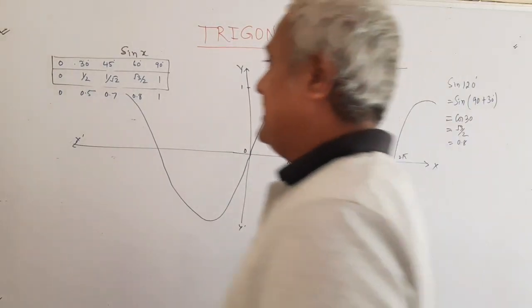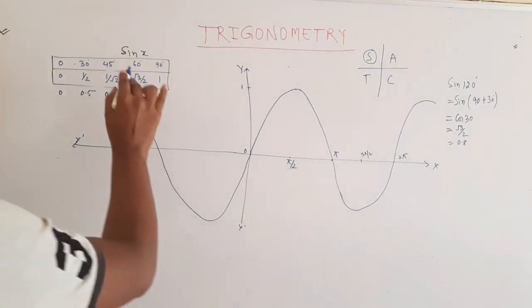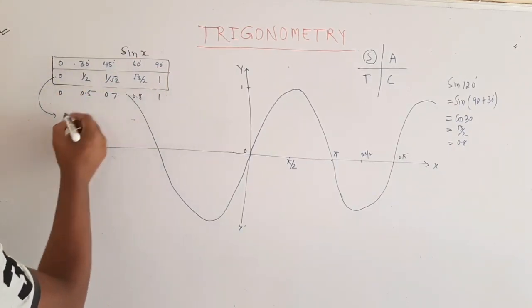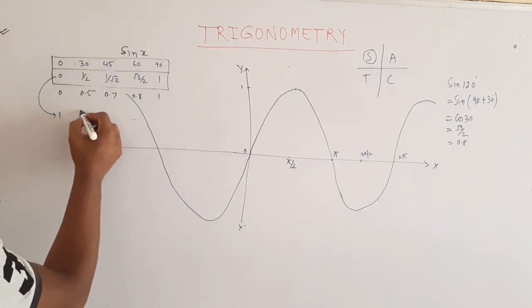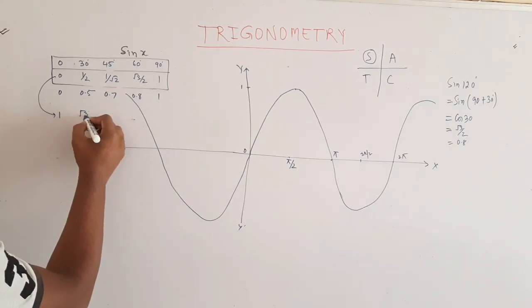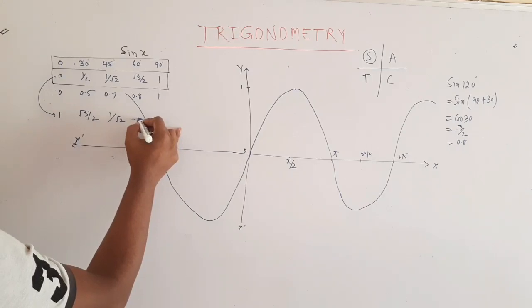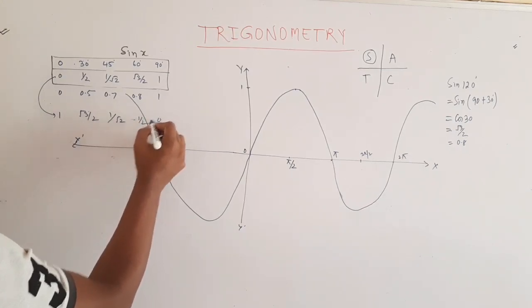If you remember, in the cosine table we used to write like this: root 3 by 2, 1 by root 2, 1 by 2 and 0.